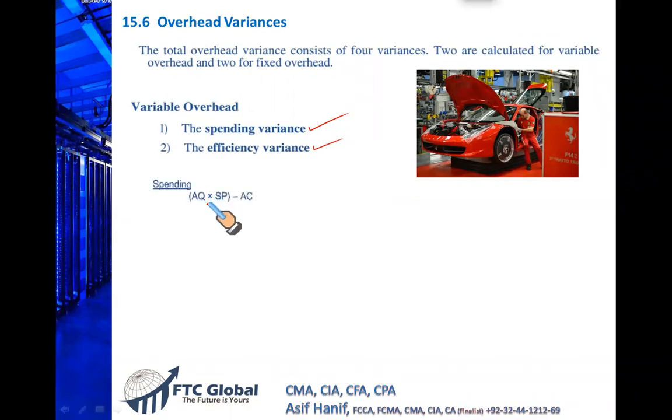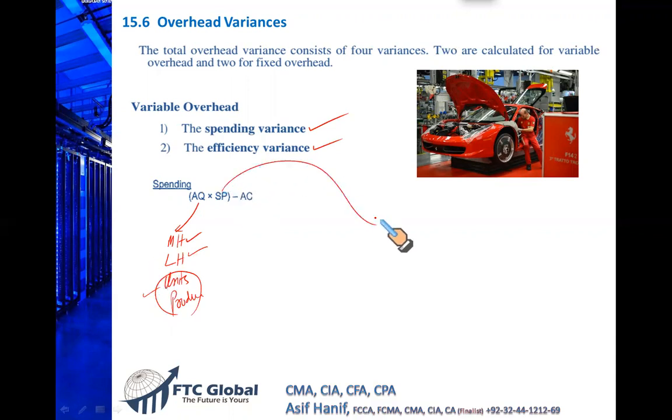Spending variance can be calculated by multiplying the actual quantity of what? Actual quantity of machine hours given in the question, or actual quantity of labor hours, and sometimes actual quantity of units produced when unit of production is used as a base in the standard costing. So remember, actual quantity of machine hours, actual quantity of labor hours, or actual units produced depending upon the information given.